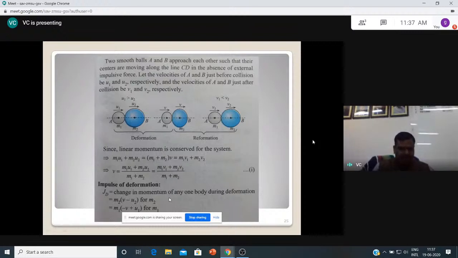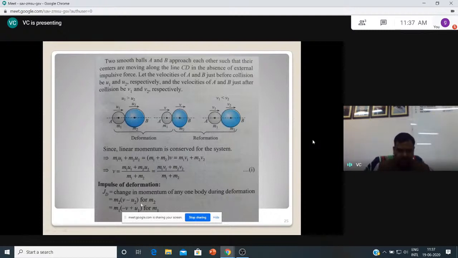Change in momentum of any one body during deformation: for m2 it is v minus u2, or u2 minus v. During deformation, there is one more common velocity v.